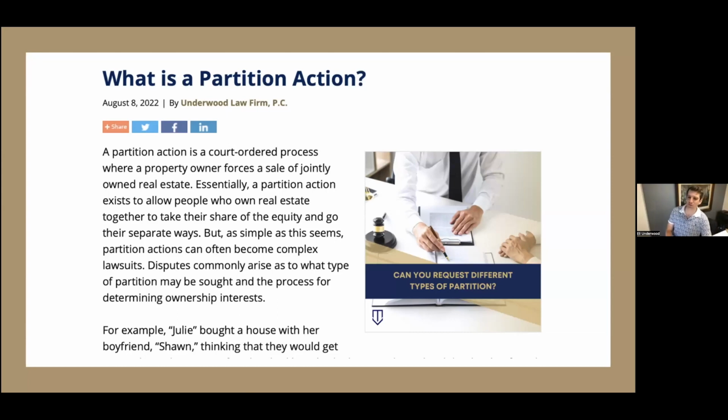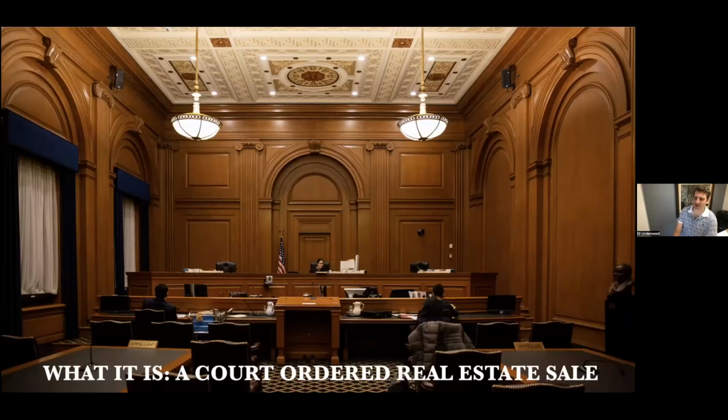So what is a partition action? It is a court-ordered sale of real estate. That's, after all, why I'm here. I'm a lawyer, and I'm involved in the legal process. It does require a lawsuit for it to occur.